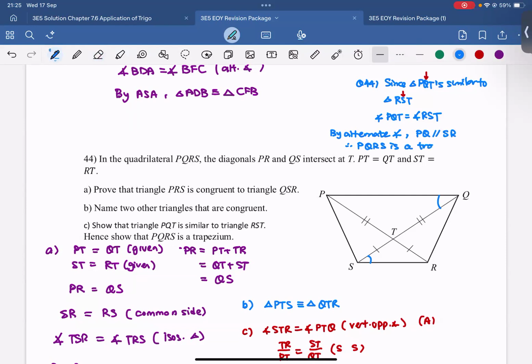Each question, how many marks? The whole question? Does it matter? Wait, how does the angles being alternate prove that they are parallel? If PQ and SR are parallel, then the angle is the same. But if the angles are the same, will they be parallel?